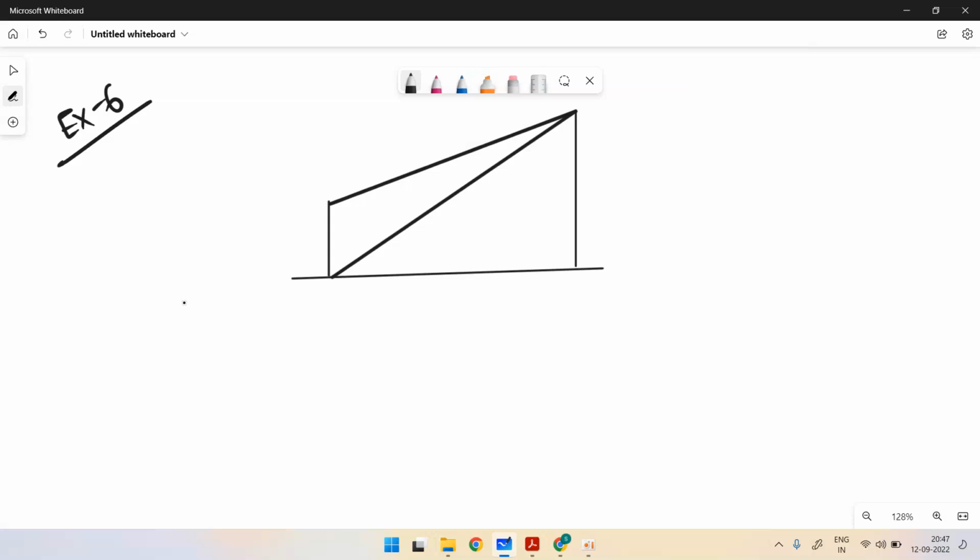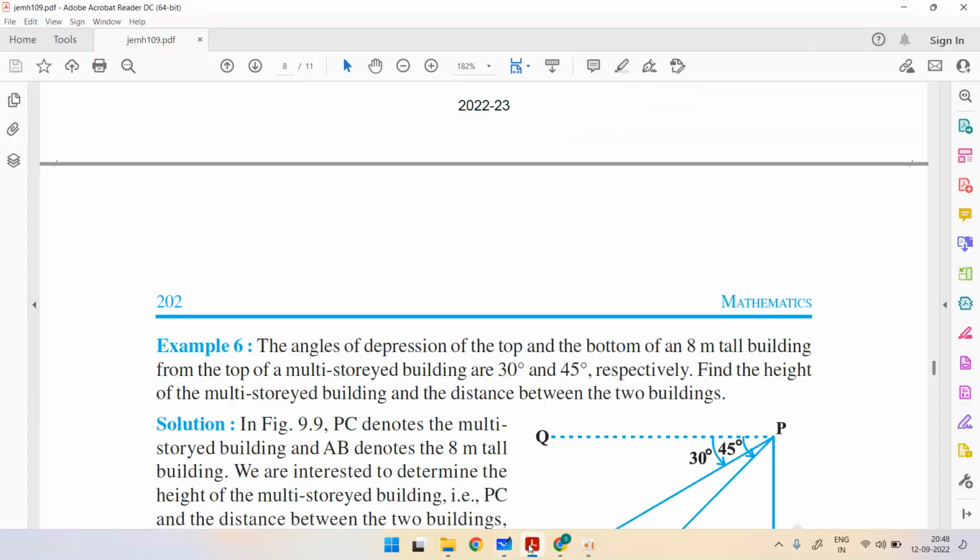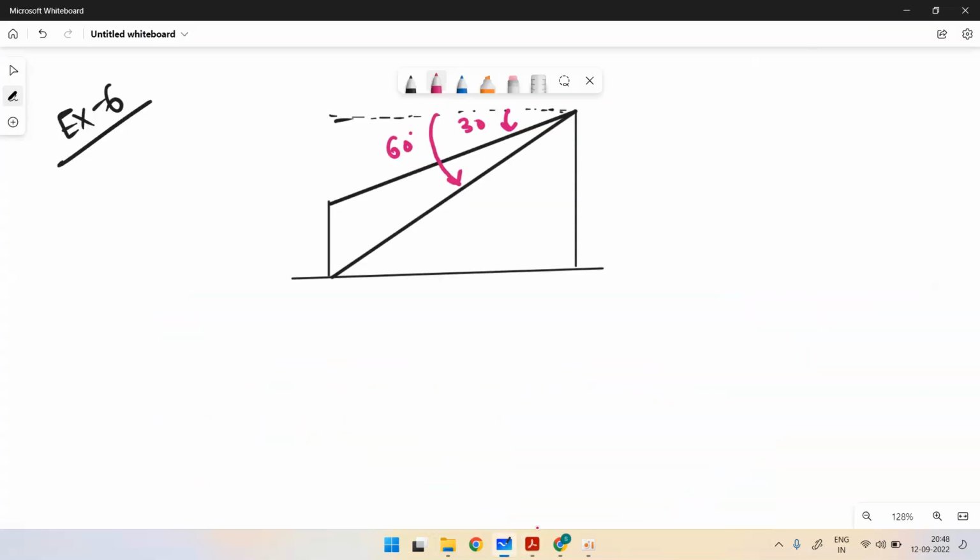So the angle of depression was given, and I have this my straight line. This is my 30-degree angle, and this is given to be 30 degree and 45 degree depression. Sorry, 45 degree, and this is my 30 degree.